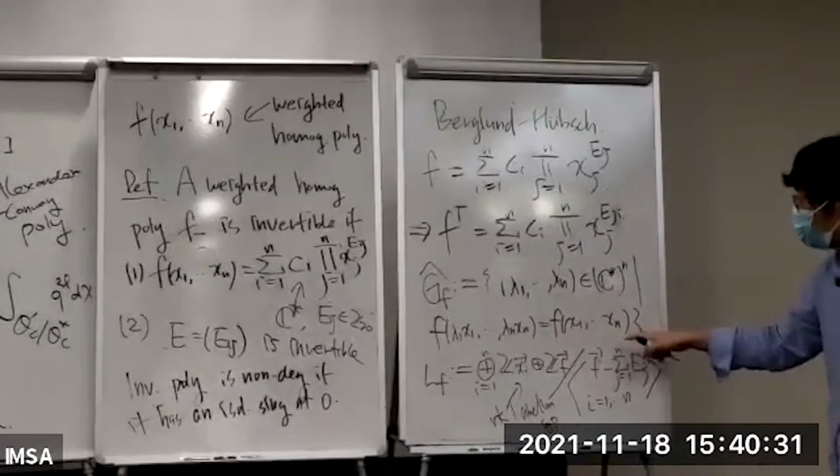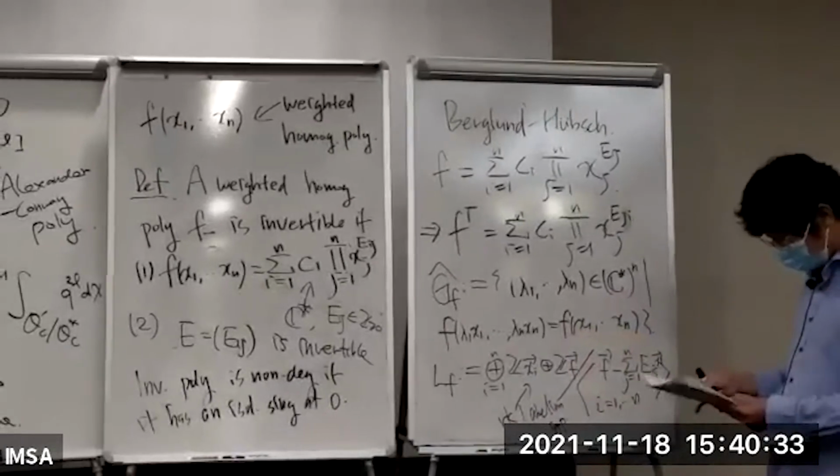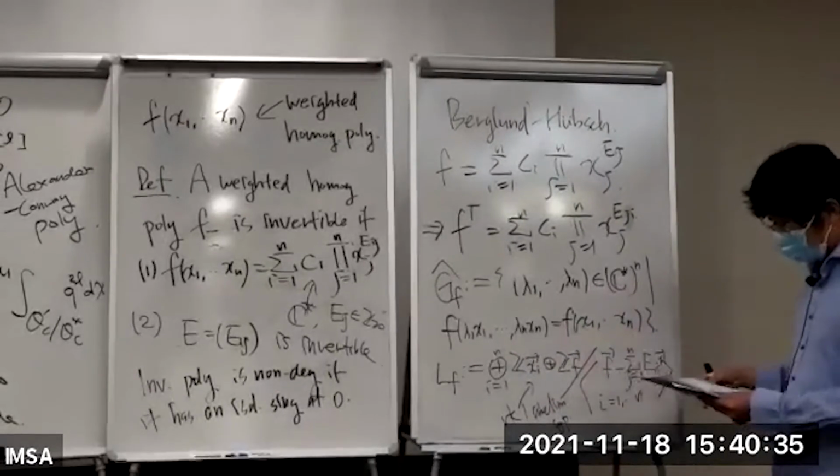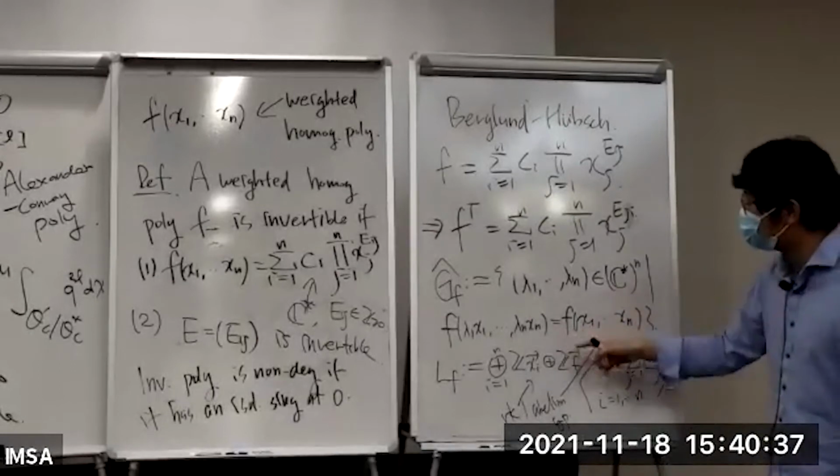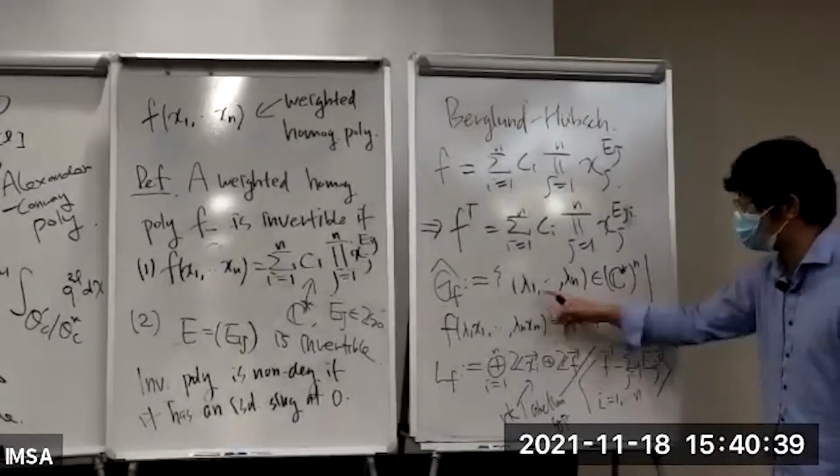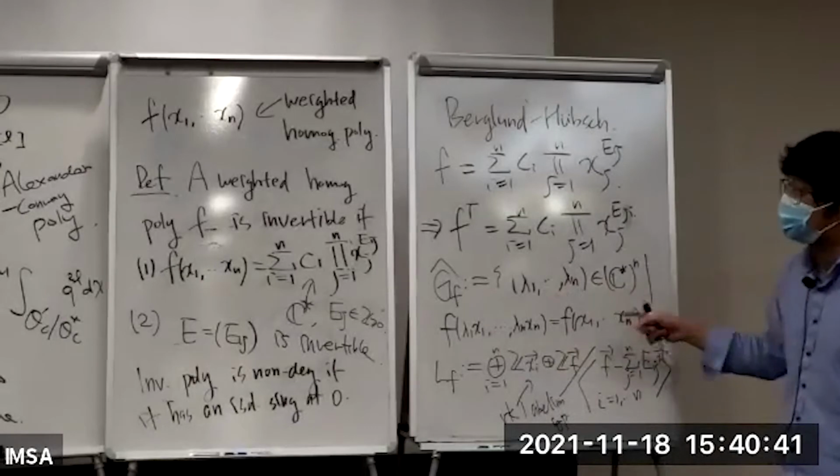So G is basically a subgroup of this one, with some extra condition.